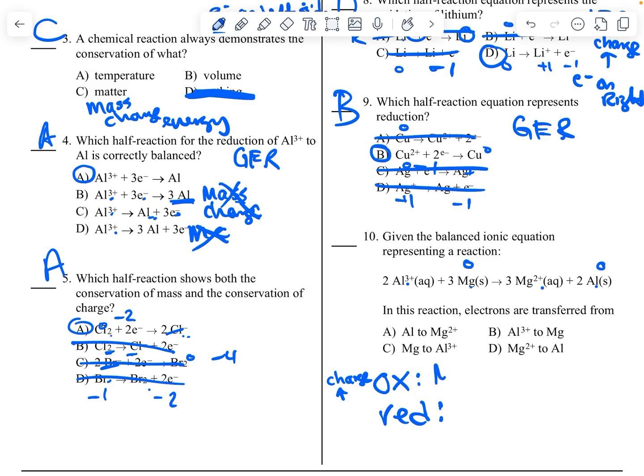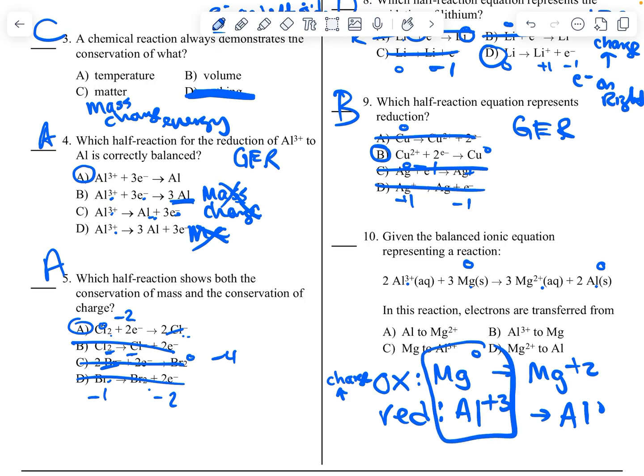Yeah, so Mg is oxidized. And so then we have reduction. Must be the aluminum. Al +3 goes to Al0. And Mg0 goes to Mg +2. So then we say, all right, where are the electrons going? Well, they must be going from Mg0 to Al +3. So that should be choice C.